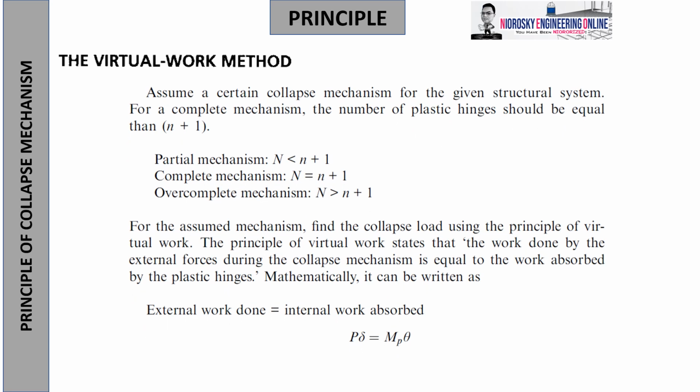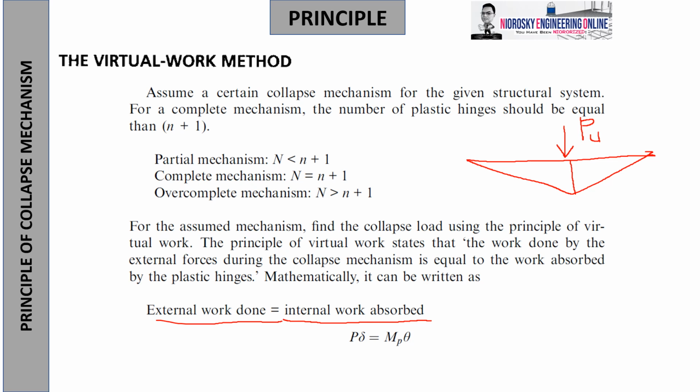So there's what you call the external work done equals internal work absorbed, or energy in is equal to energy out. Now, let's take a closer look. Let's say, for example, this beam deflects like this and a load like that. Of course, if you apply force P under collapse mechanism, there will be a production of deflection under collapse. Let's say plastic deflection, delta sub P. Okay?